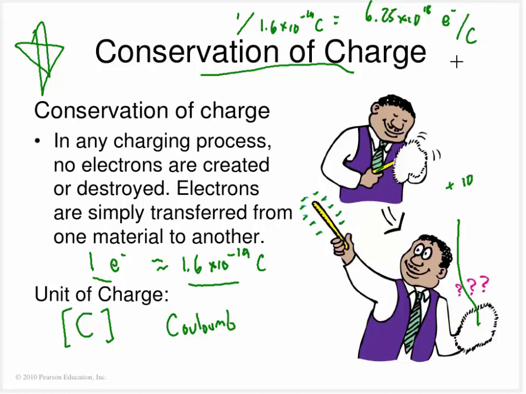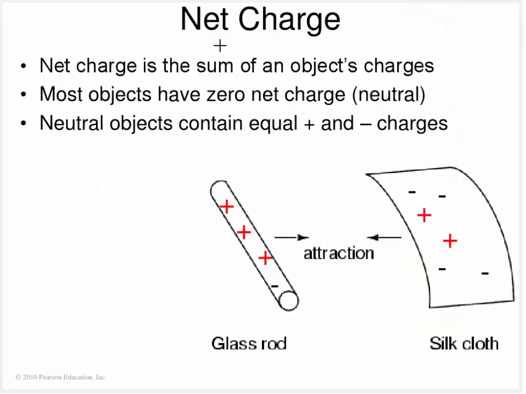That's a lot of electrons. So electrons don't have a whole lot of charge to them, and a coulomb is a very large unit. Very often we're going to be talking about units of charge that might be in, say, microcoulombs, or 10 to the minus 6 coulomb. So micro is one of those prefixes that we're now going to start to see.